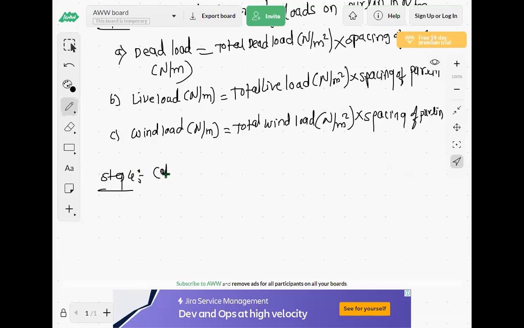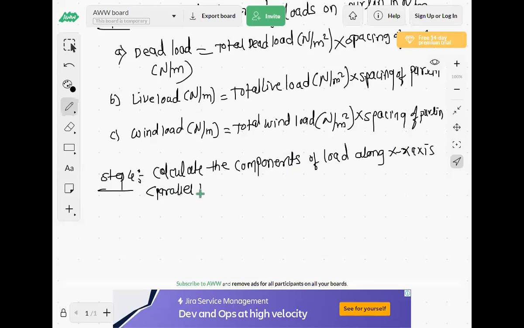Calculate the components of load along x axis, it means parallel to roof, and along y axis, normal to roof.